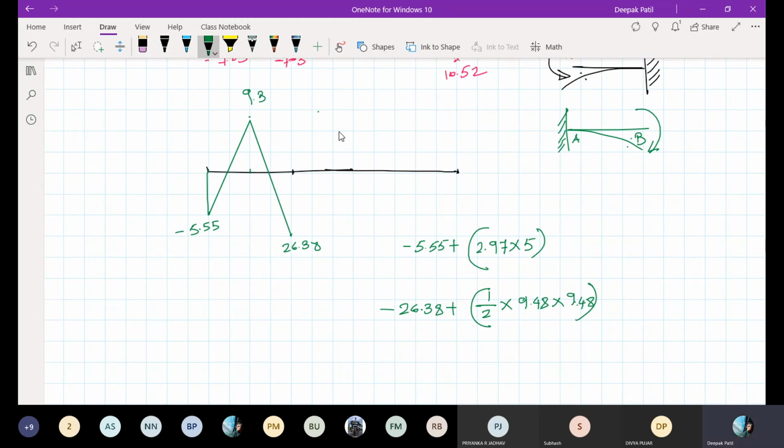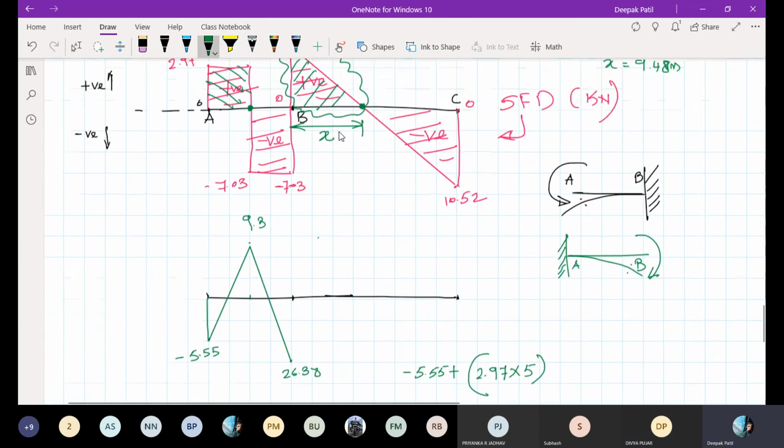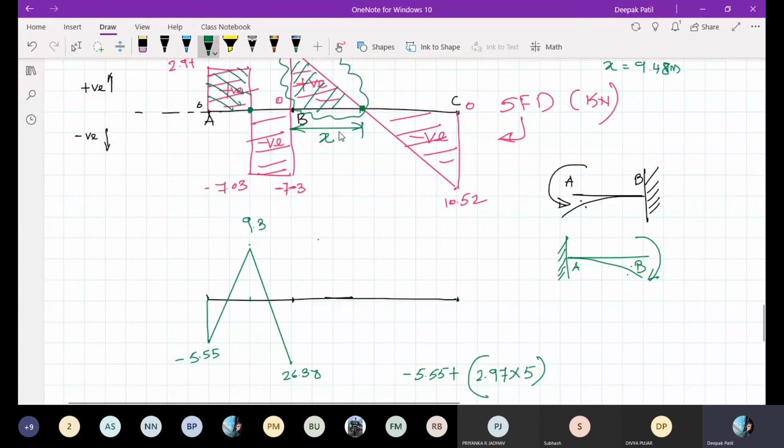Okay, so once you solve this, how much are you getting? Can anybody tell me? 18.55. Plus or minus? Plus 18.55. Okay, so that value will be somewhere here. So how will you join from 26.38 to 18.55?